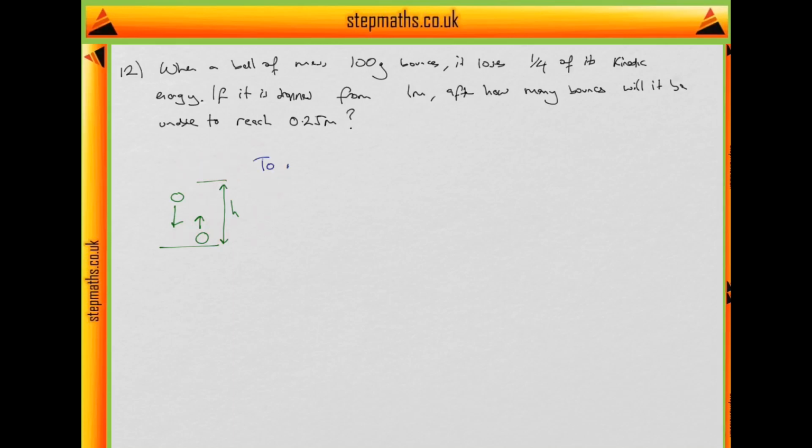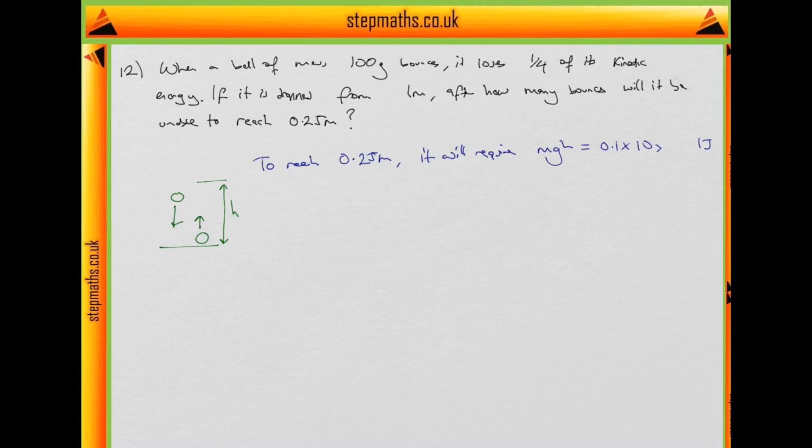Because all the kinetic energy it has at the rebound will be converted into the potential energy. So to reach 0.25 meters, it will require mgh, which equals the mass, 100 grams, times g, 10, times the height, 1 meter, which is equal to 1 joule of energy. Oh sorry, not 1 joule of energy, my mistake there.